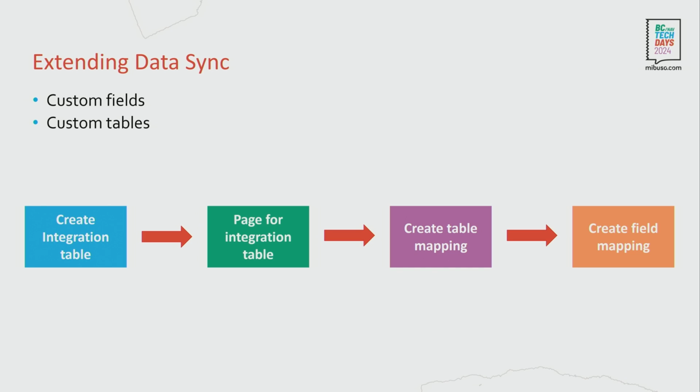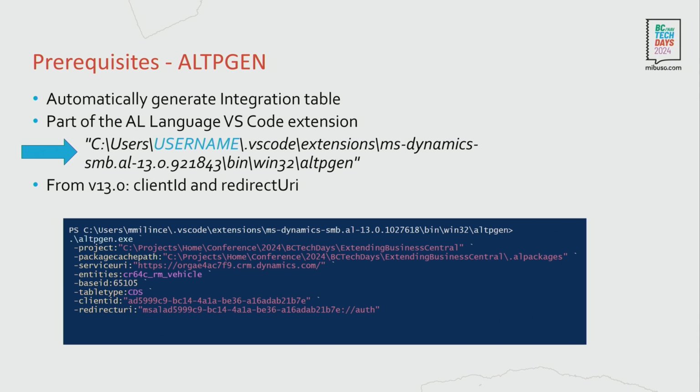What they need is this integration table. And as I said, this integration table is basically a Dataverse representation in Business Central. That means that we need to create the table, and we won't do it manually. The idea is, because we have all of these standard Dataverse fields, it doesn't make sense to do it manually.